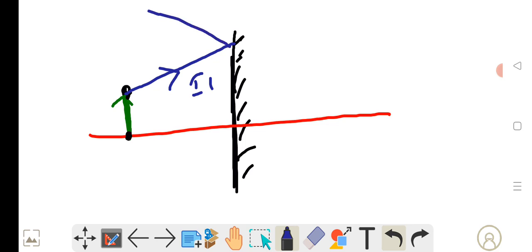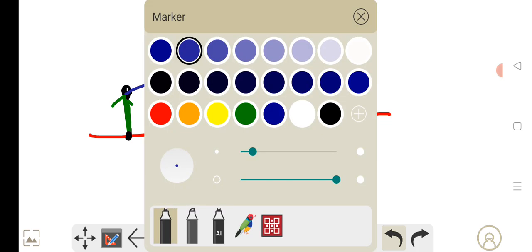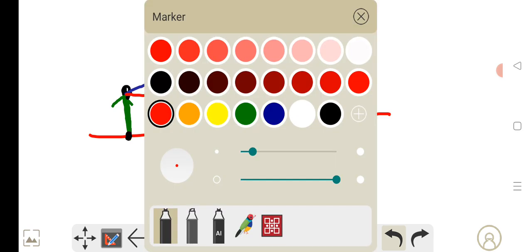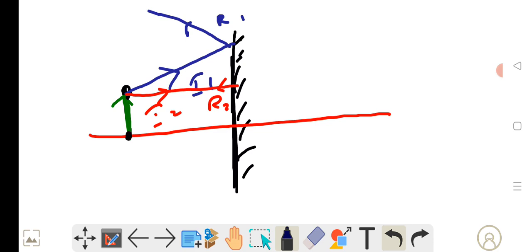It will go like this. This is R1. Now in the same way what I will draw is the next normal line. Okay, you will have I2 and R2. Understood? Now next see here, for the bottom point also we will draw in the same way.